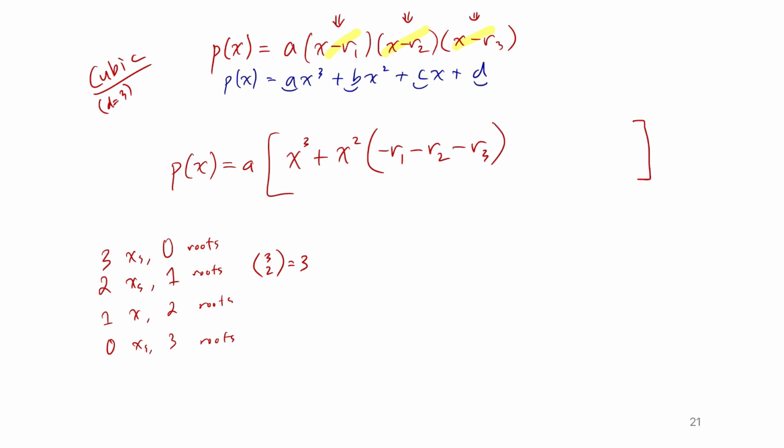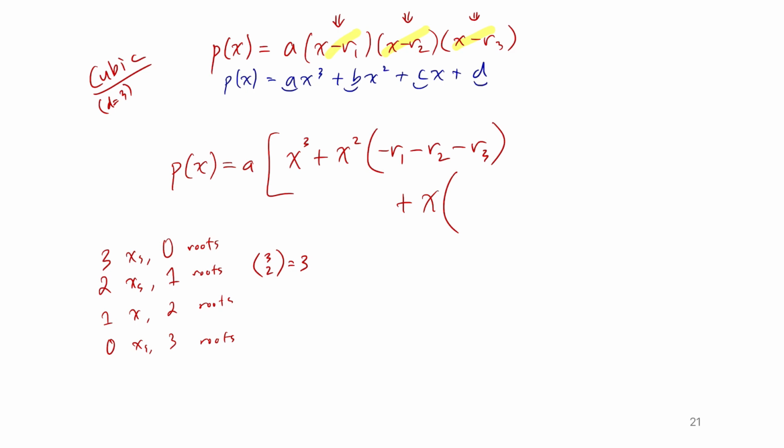Okay? And so let's continue. So the next case is when I have an x and then I multiply 2 of the roots together. So now what are all of the ways I can multiply 2 of the roots? Well, I could multiply the first and the second, so I could have r1 times r2. I can multiply the first and the third, so r1 times r3. Or the second and the third, so r2 times r3.